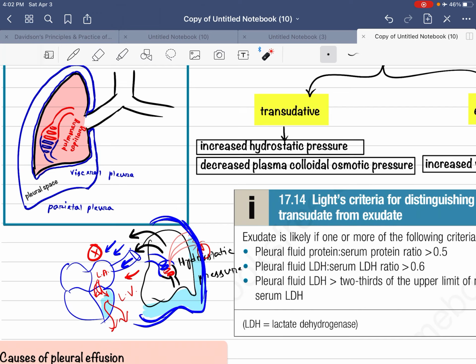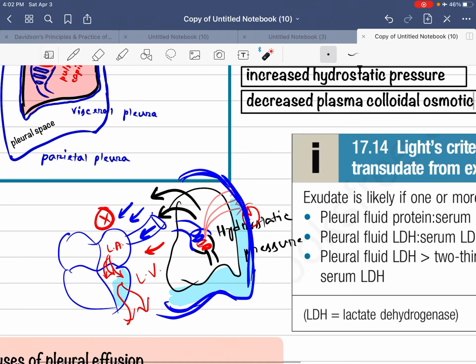That's why the blood vessels will not be able to keep plasma within circulation. The fluid portion of your blood comes outside of the blood vessels and starts to accumulate in potential spaces such as the peritoneal cavity, pericardial cavity, pleural cavity. And if this gets accumulated in the pleural cavity, we call it pleural effusion.